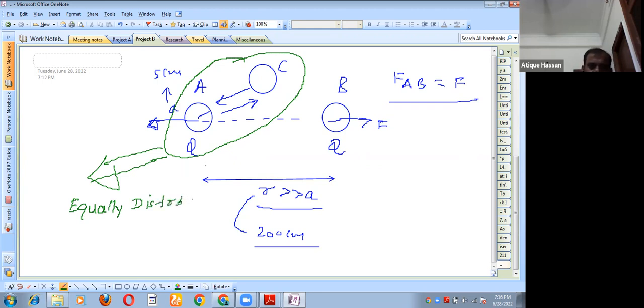It means when C is kept in contact with A, charge on A will become Q by 2, and charge on C will become Q by 2. Getting my point, Yashika?